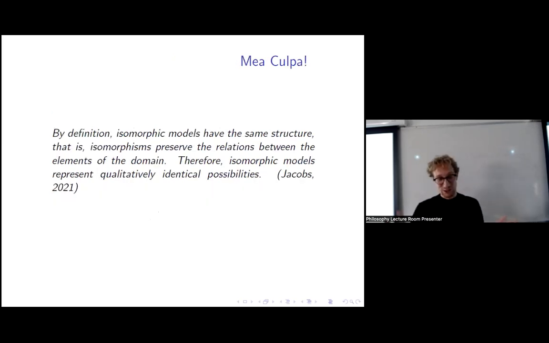And I should admit that I've also been known to say something along those lines. By definition, isomorphic models have the same structure. That is, isomorphisms preserve the relations between the elements of the domain. Therefore, again, isomorphic models represent qualitatively identical possibilities. So I guess there is good reason for calling this something like a consensus.